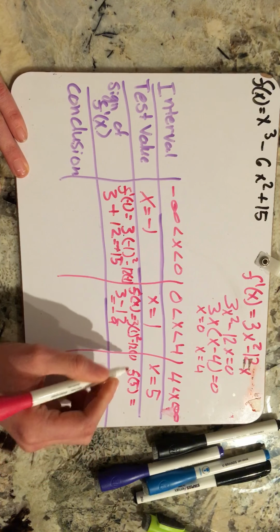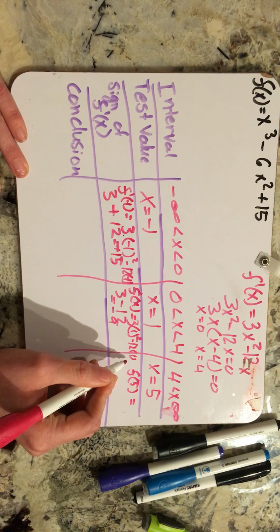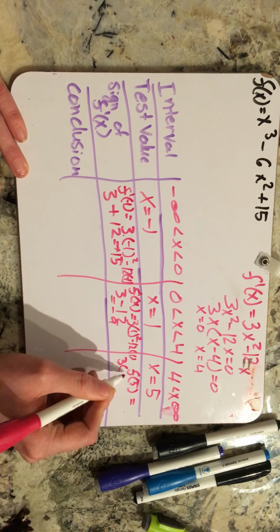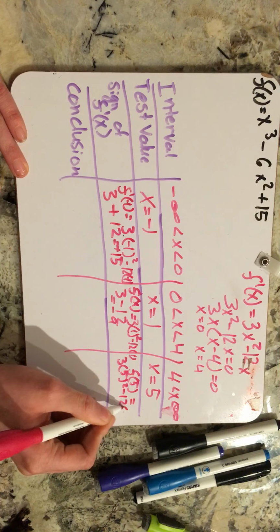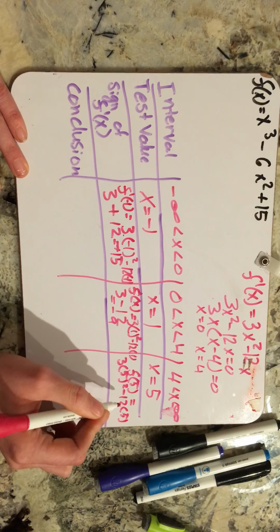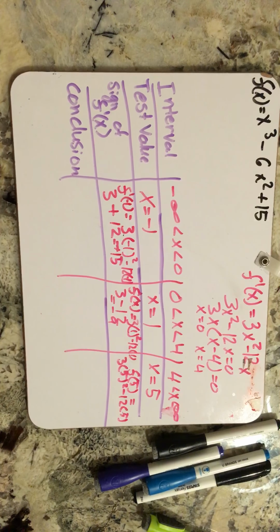So here we're going to do 3 times 5 squared minus 12 times 5. This is going to be equal to 25 times 3.